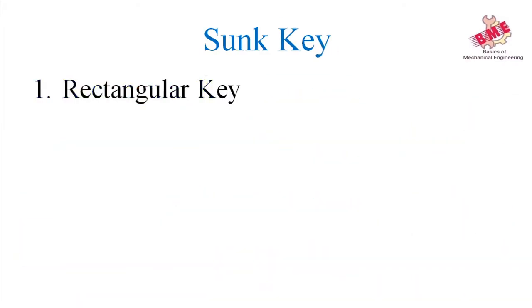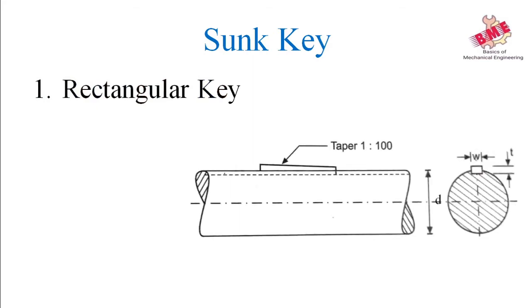Rectangular sunk key. In the diagram we can see that in side view the cross section of key is rectangular, means w is its width, small t is its thickness and small d is denoted for diameter of that shaft. The dimensions of this rectangular key are calculated by the empirical relation.